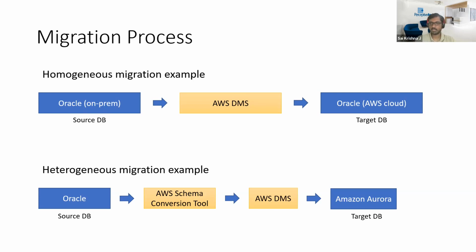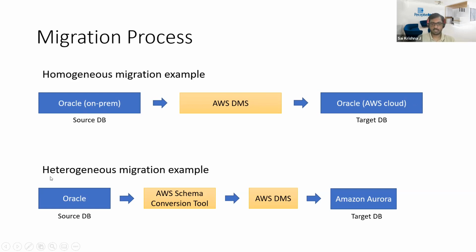So you can either take data out of AWS and put it on your local database, or you can take data from your local database and put it on the AWS cloud database. And when these two databases are of the same type, then you call it a homogeneous migration. And the DMS is the platform which facilitates this migration from on-premises to cloud or vice versa.